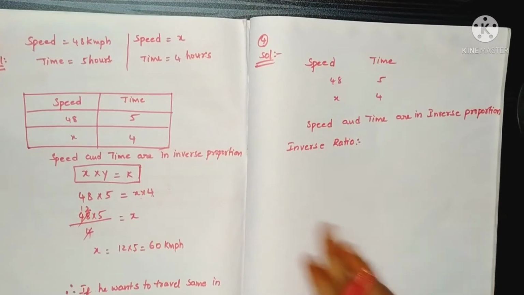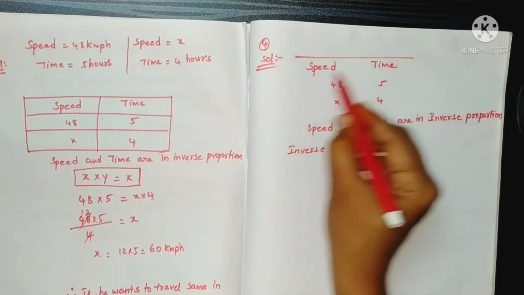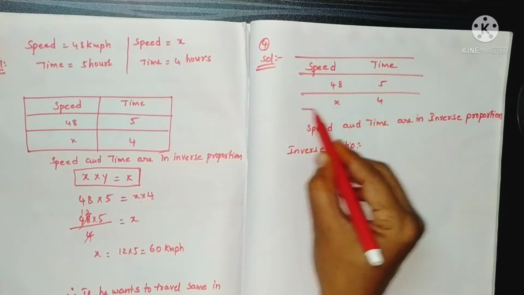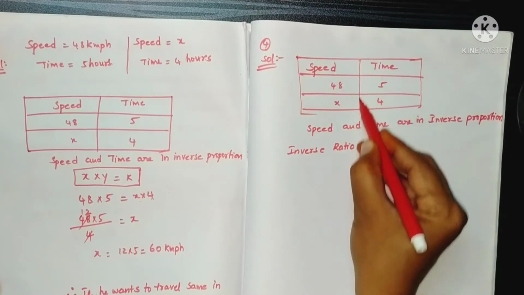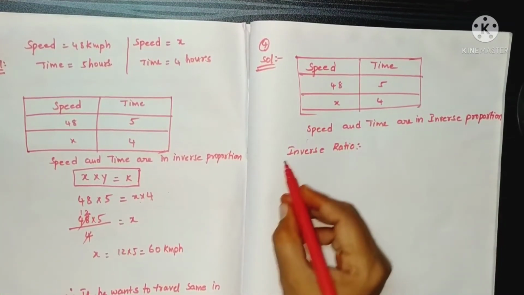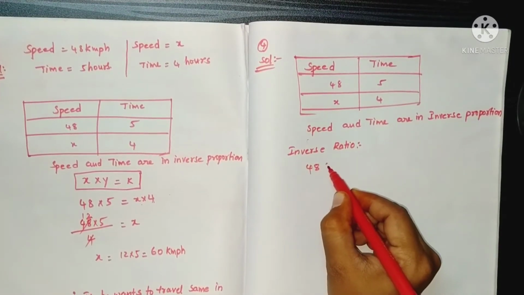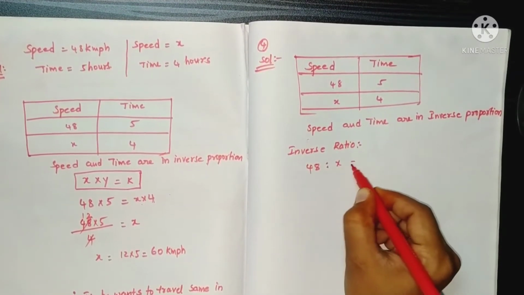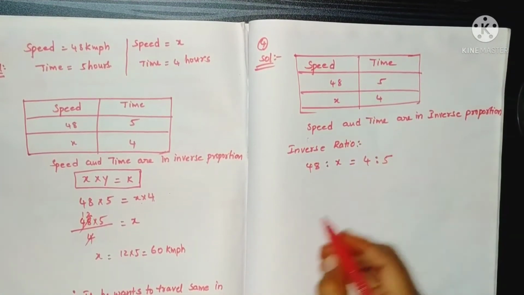So method 2, inverse ratio: speed and time, you can write like this by reading the problem. Speed and time are in inverse proportion. So in inverse ratio, take 48 is to x is equals to inverse, just reverse, 4 is to 5.